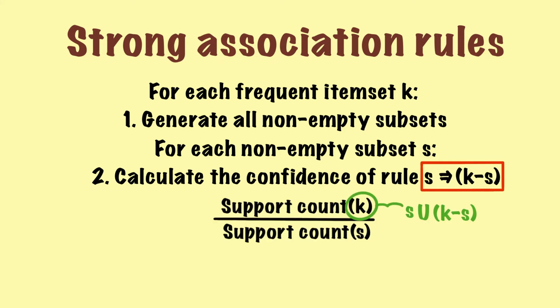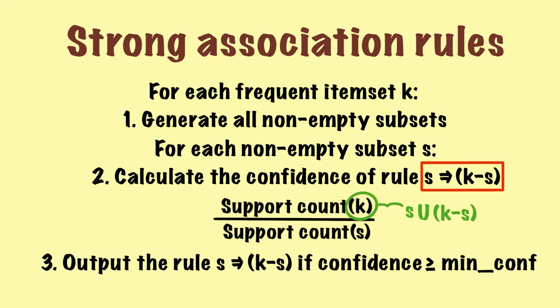Further, the confidence of this rule is essentially the support count of K divided by the support count of S, because K is the union of S and K minus S. The last step is to simply check whether the confidence in step 2 is larger than the minimum confidence threshold. If this condition is satisfied, the algorithm will output the rule because it's a strong association rule.